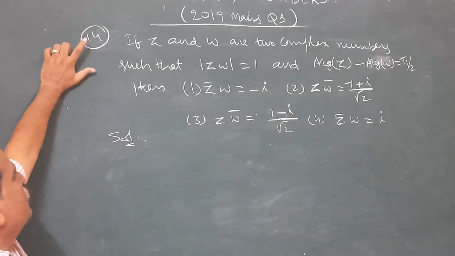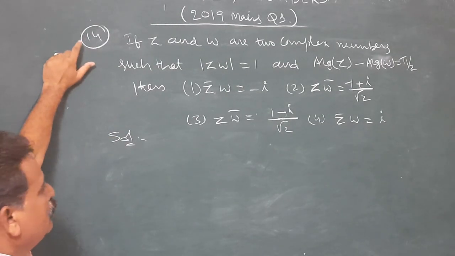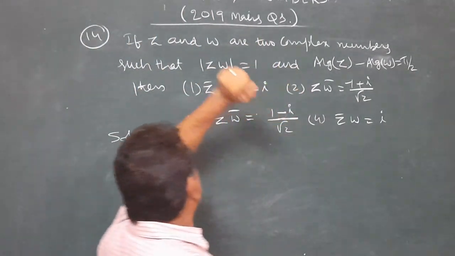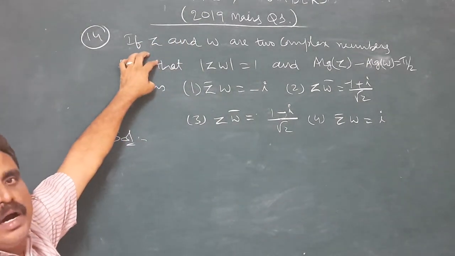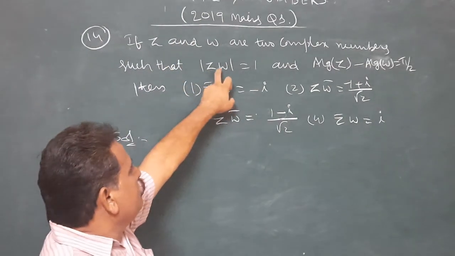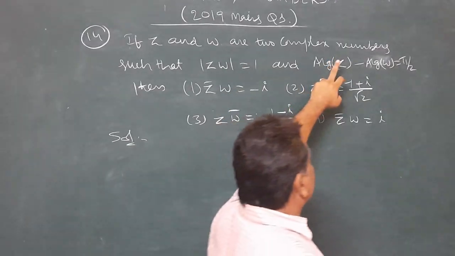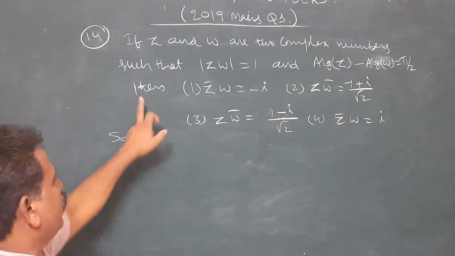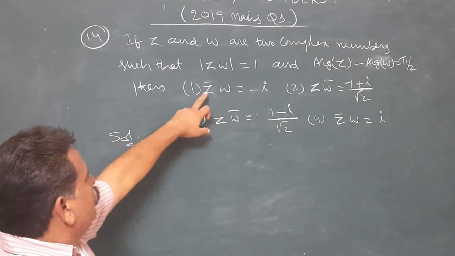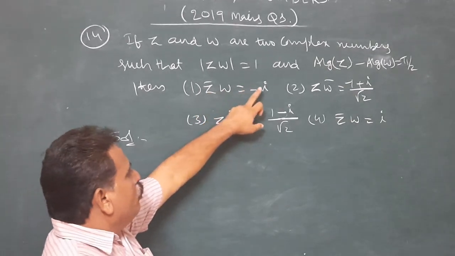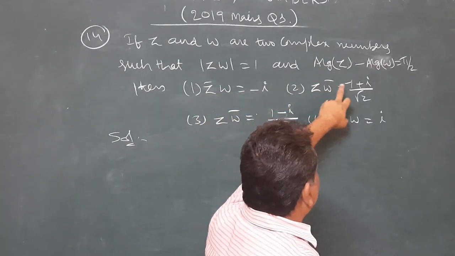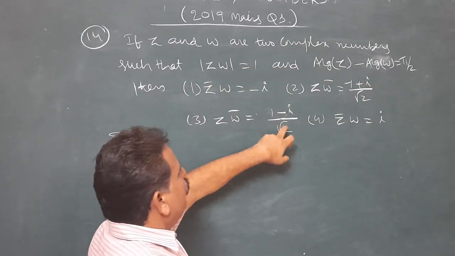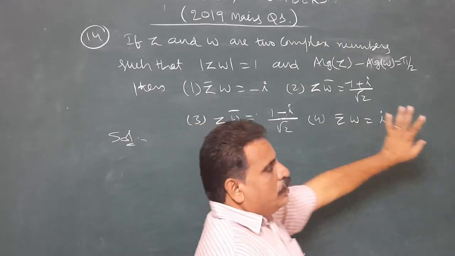Now we discuss question number 14. If z and w are two complex numbers such that mod zw equals 1 and arg z minus arg w equals pi by 2, then, first option z bar w equals minus i, second z w bar equals minus 1 plus i by root 2, third z w bar equals 1 minus i by root 2, fourth z bar w equals i.